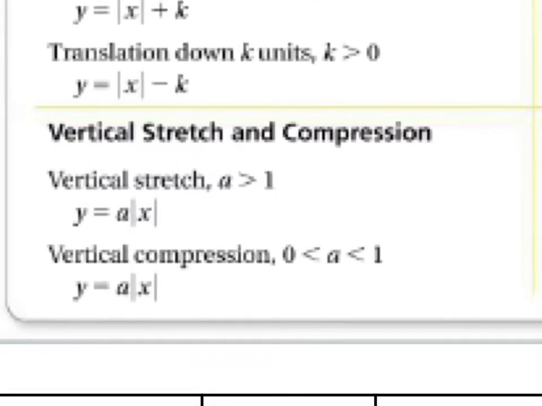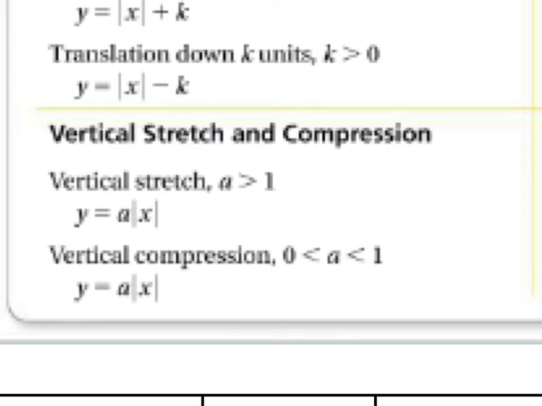Okay, the next ones we're going to talk about are shrinks and stretches. So if there is a number out front of the absolute value, that means it's a stretch, which means it's getting more narrow.